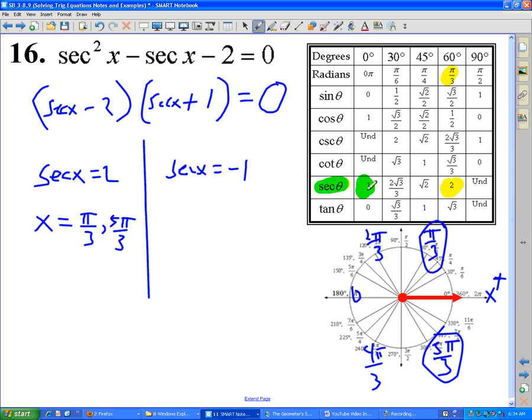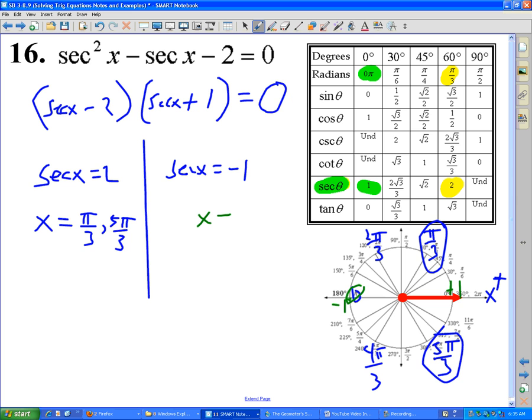Well, secant is equal to 1 at 0 radian reference angles. But where is it equal to negative 1? Well, we know secant is an x value, and x is a positive 1 here, and x is a negative 1 back on the negative unit circle. So our only answer there is going to be pi.